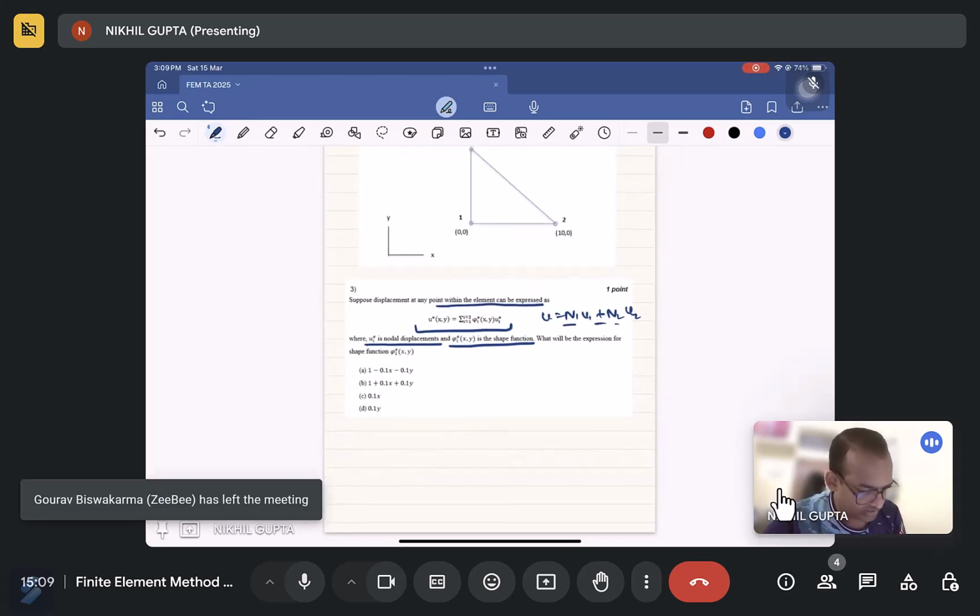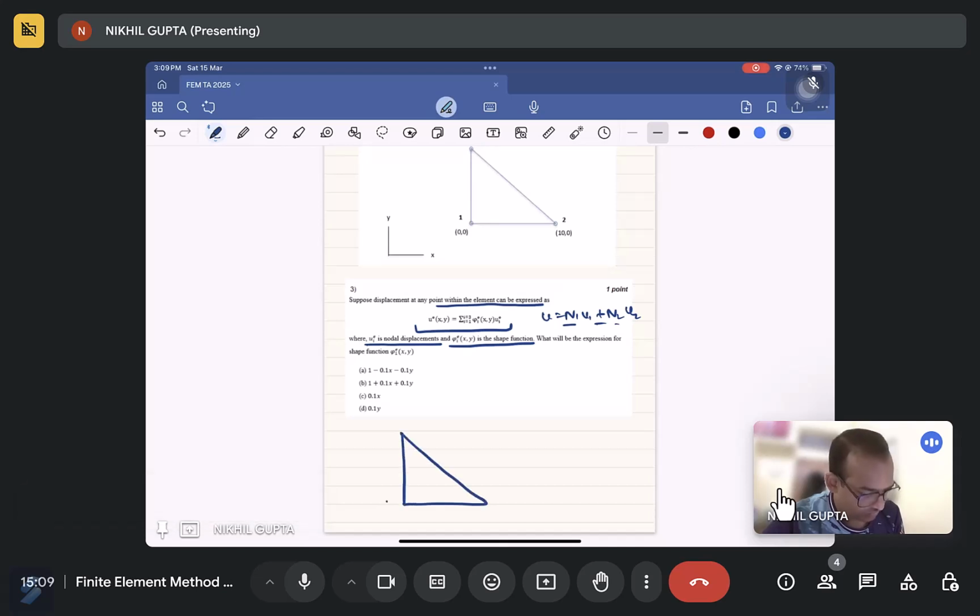So how do we calculate the shape functions? This is your triangular element, with nodes 1, 2, 3. You have to get the expression for the shape function phi 1, meaning N1. For that, you make a line crossing through two nodes, and you get the equation of this line.